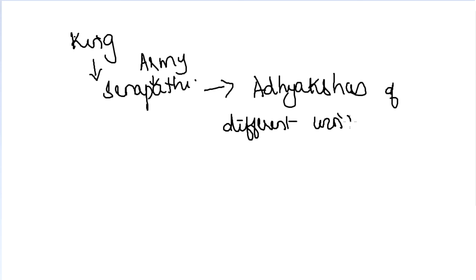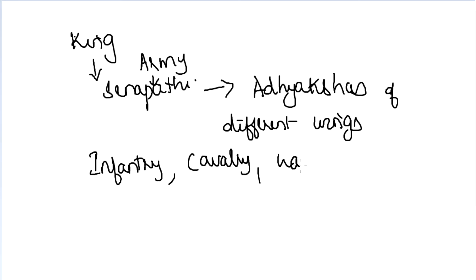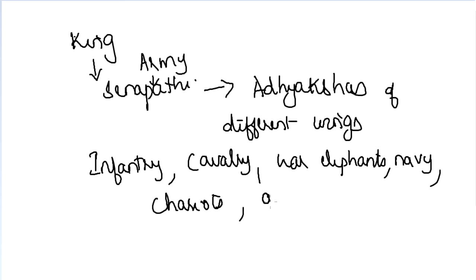Adhyakshas were there for different wings of the army, such as infantry, cavalry, war elephants, navy, chariots and armory.